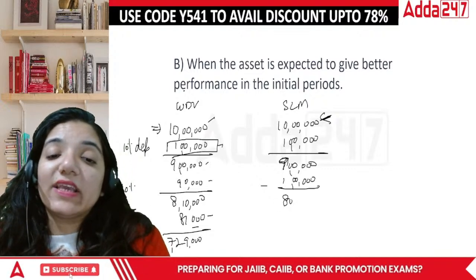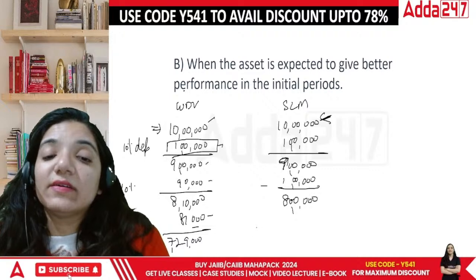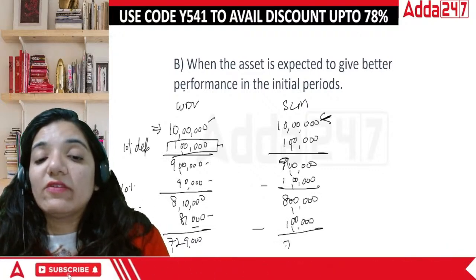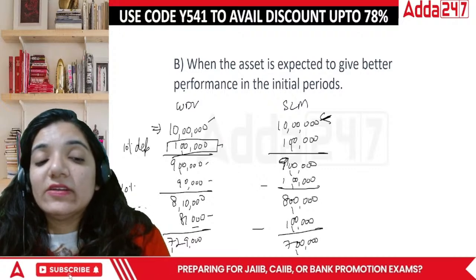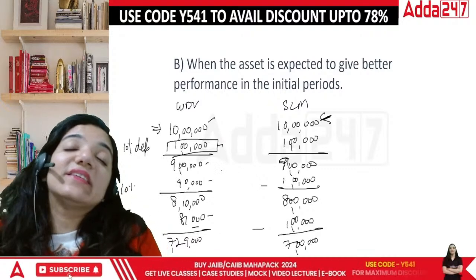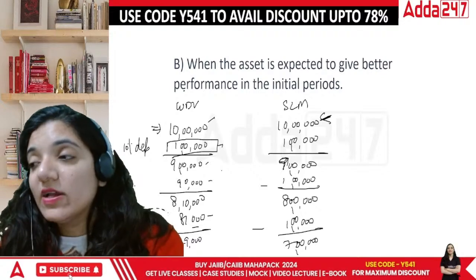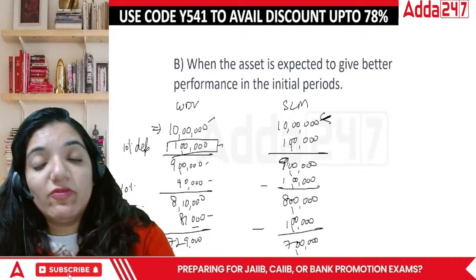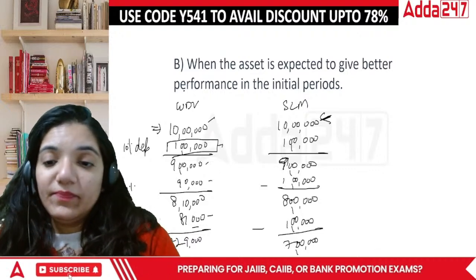So we are left with 8 lakhs. Then you remove further, and you are left with 7 lakhs. So you can see the difference. The diminishing value method is more realistic. It says that when we are using the asset, the value falls more, right?